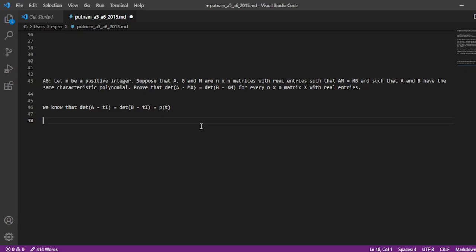I'm trying to work out if there's a way to use Cayley-Hamilton to plug in some kind of matrix into this, because we know that we can plug in A or B, but that doesn't seem to be sufficient to give us what we want.